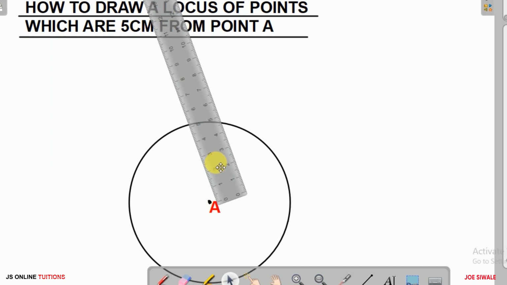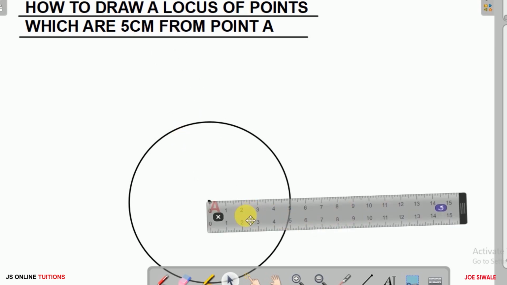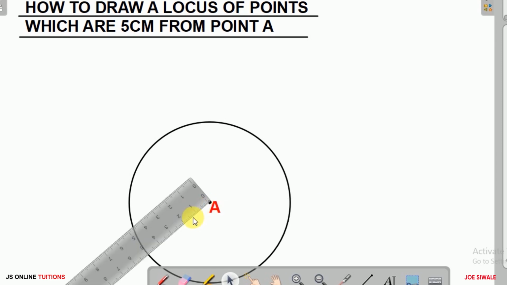So to prove that, we're going to put our starting point as point A, and we're going to check how many centimeters it is to the circle. So as you can see, it is 5 centimeters. So if we also check in this direction, as you can see, starting from point A to our circle is 5 centimeters, or if we check starting from point A to our circle, it is 5 centimeters. So that's how you can draw a locus of points which are 5 centimeters from point A.